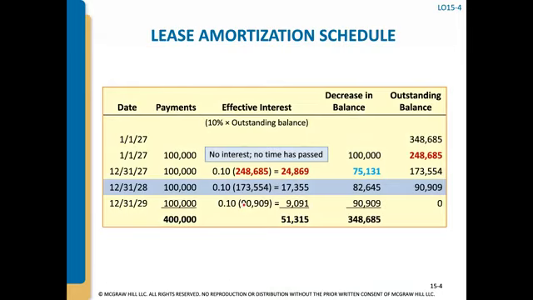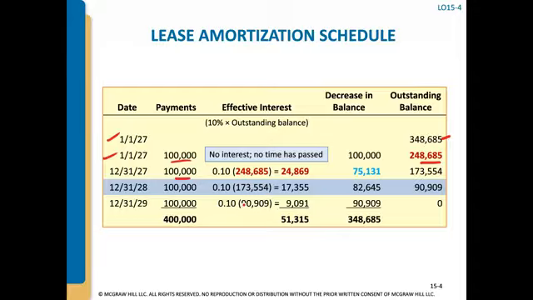Let's look at the lease amortization schedule for the original lease, where the present value of the 4 payments of $100,000 was $348,000. That was on 1/1/27, and then they had a payment of $100,000, right, which is all going to go to reduce the lease liability for the lessee. And then on 12/31/27, there was another $100,000.